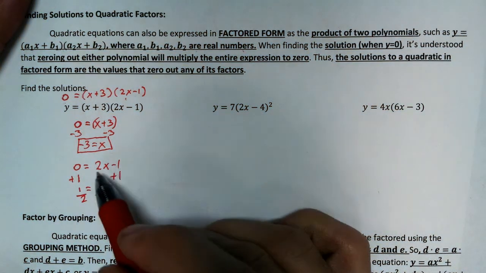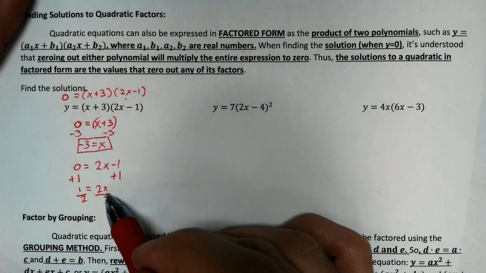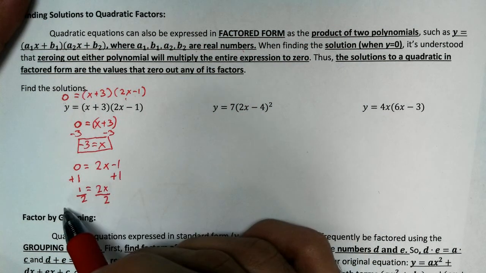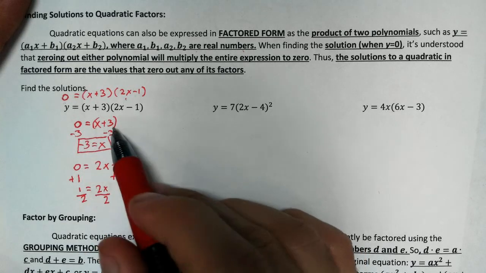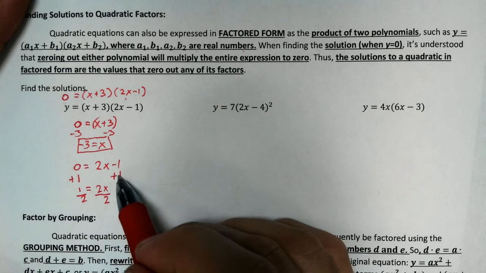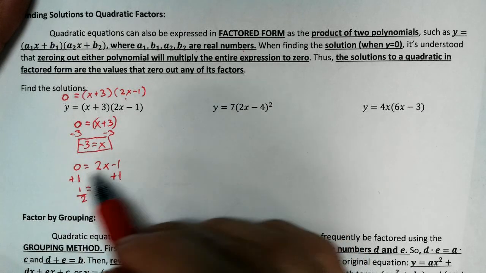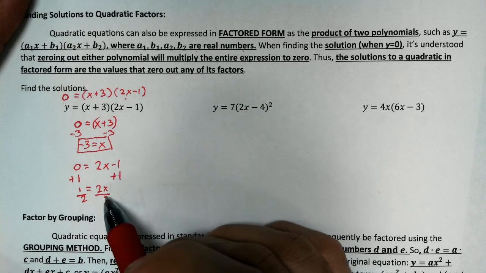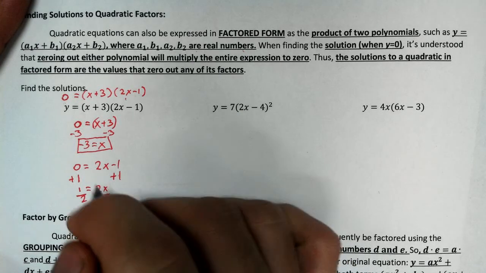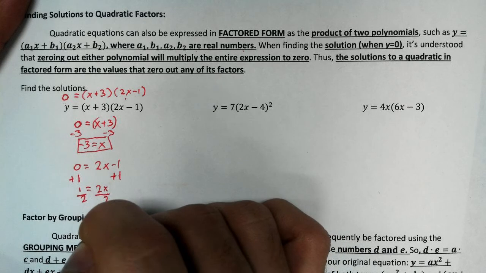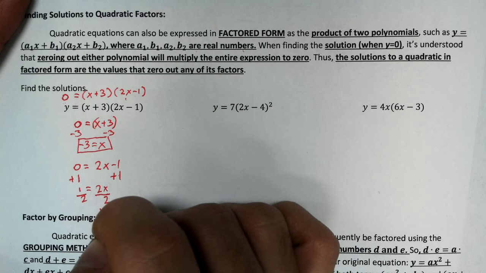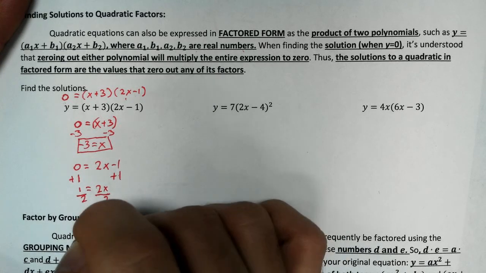So, side note, I'm just going through the algebra on this. I assume you guys are able to keep up with this. This is very simple, right? We just subtracted 3 from both sides to take care of that 3. And right here, we're adding 1 to both sides to take care of that 1, and then dividing by 2 on both sides to take care of the multiplication of 2. So, we then have 1/2 equals x.